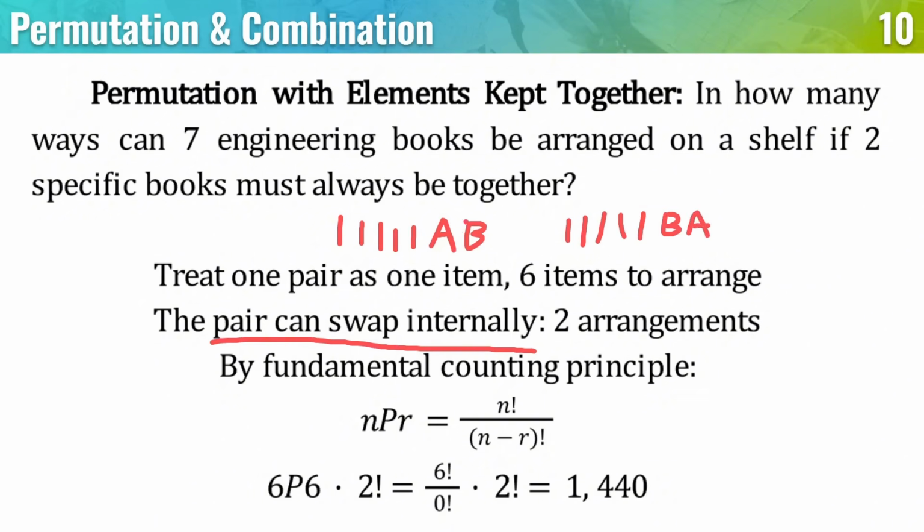Since there are swaps, you have to multiply by 2. By the fundamental counting principle, we have 2 times 6P6, or simply 6 factorial. That answer will give us 1440.